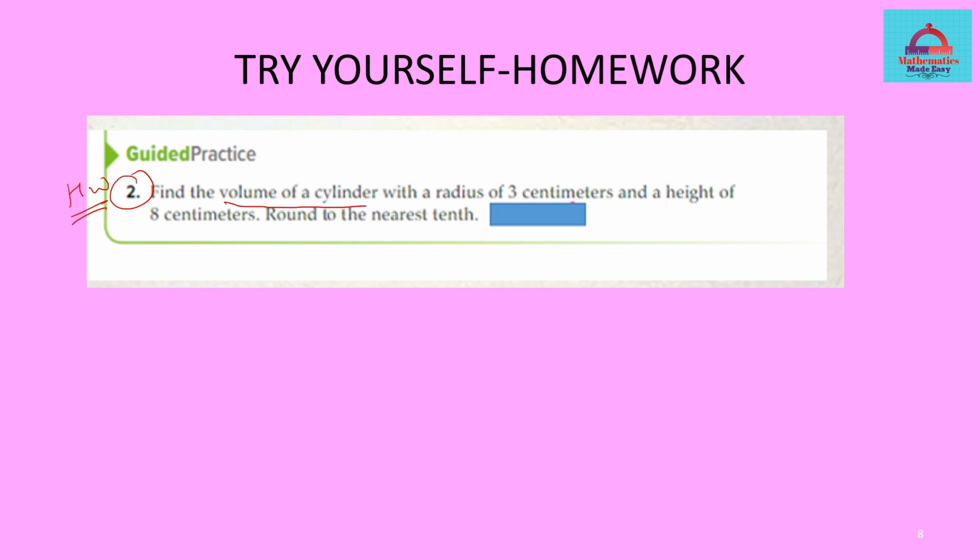You have to find the volume of the cylinder here, and the radius is already given to you. So r is 3 centimeter, height is 8 centimeter. So just use the formula V equal to pi r square h. Remember to round off to the nearest tenth. I'm sure you will be giving the correct answer. I'll be waiting for your solutions in the comment section.